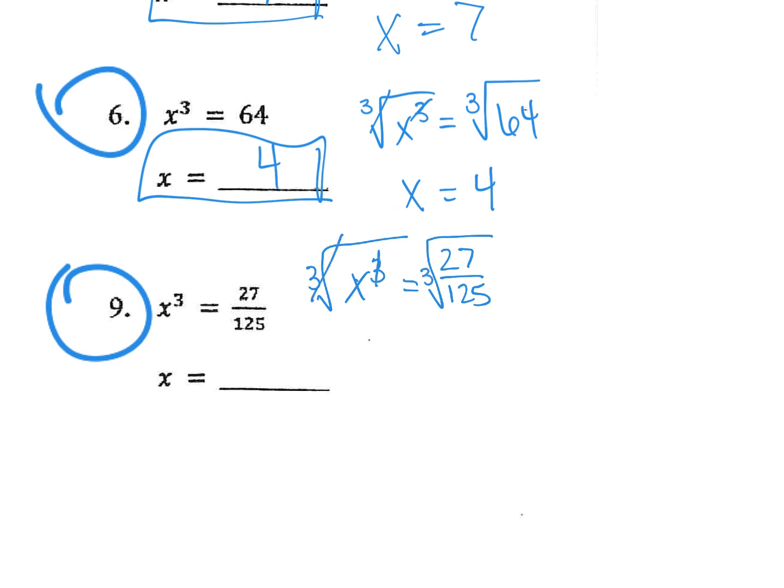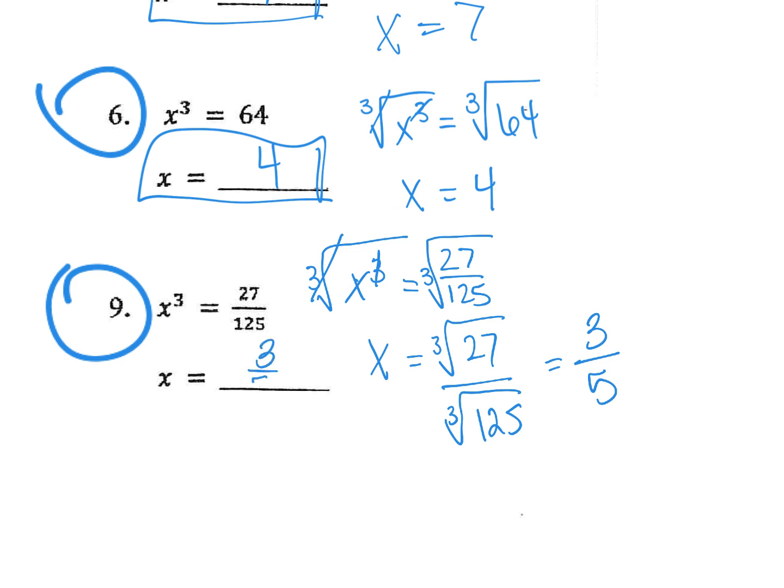Those cancel out to leave us with x equaling the cube root of 27 over the cube root of 125. Well, the cube root of 27 is 3, and the cube root of 125 is 5. So our answer is 3/5.